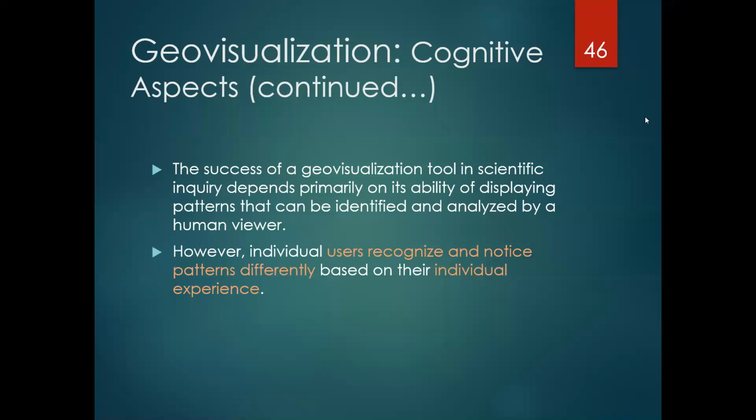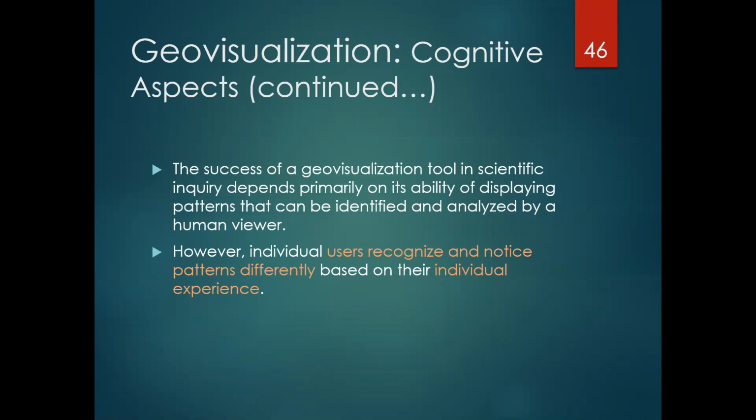The success of a geovisualization tool in scientific inquiry depends primarily on its ability to display patterns that can be identified and analyzed by a human viewer. Of course, this pattern should be correct, right? People could have a wrong impression about the pattern shown in your geovisualization.